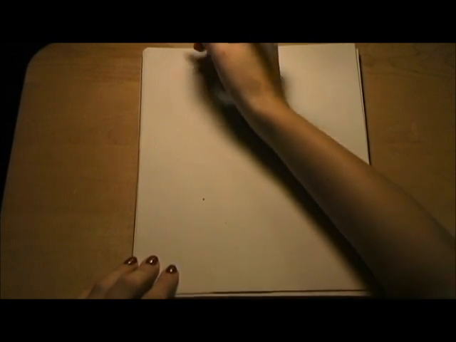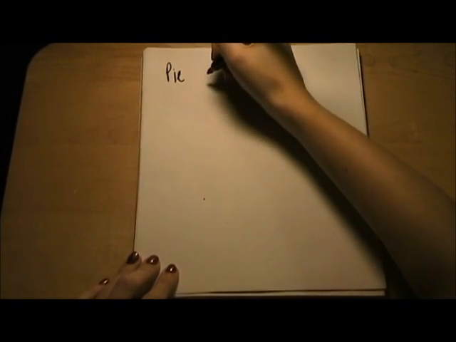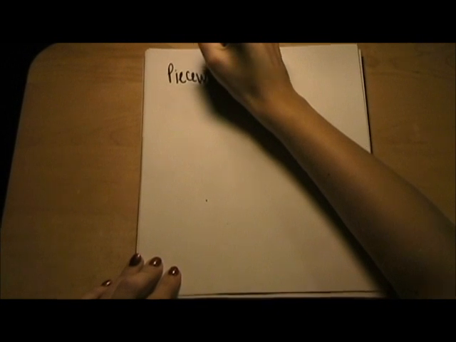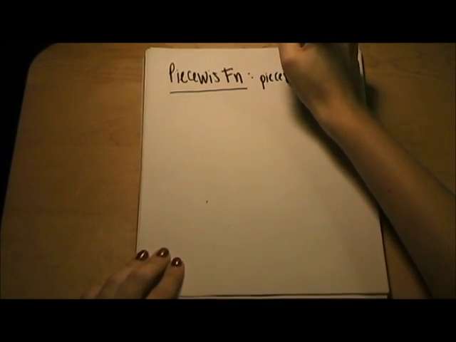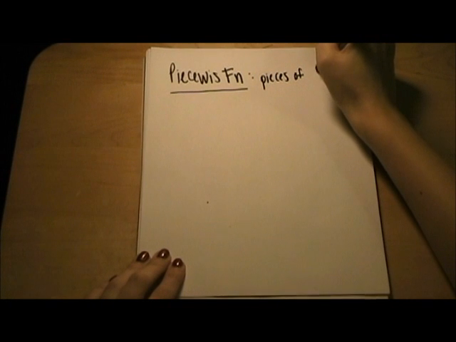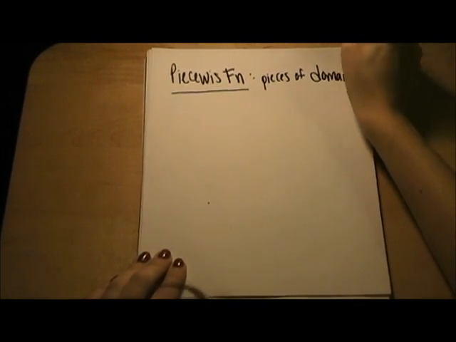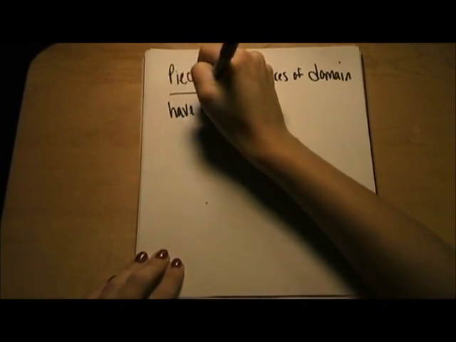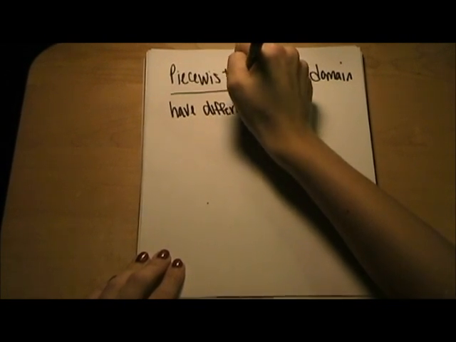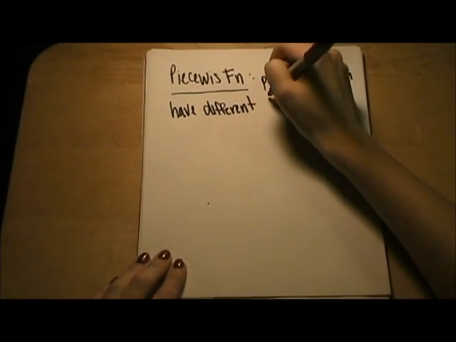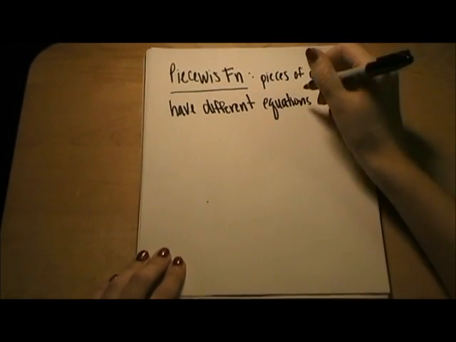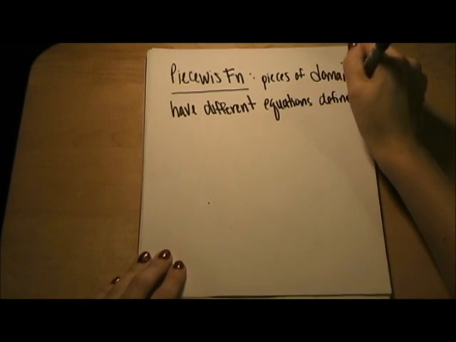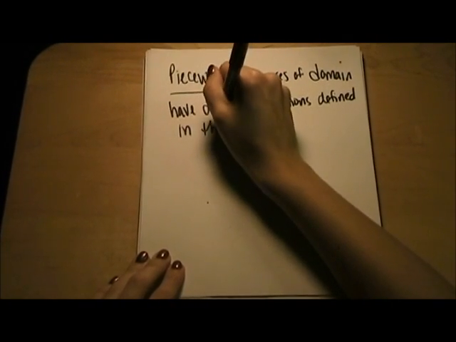Other linear models, something called a piecewise function. A piecewise function is when pieces of the domain have different equations defined in the function.